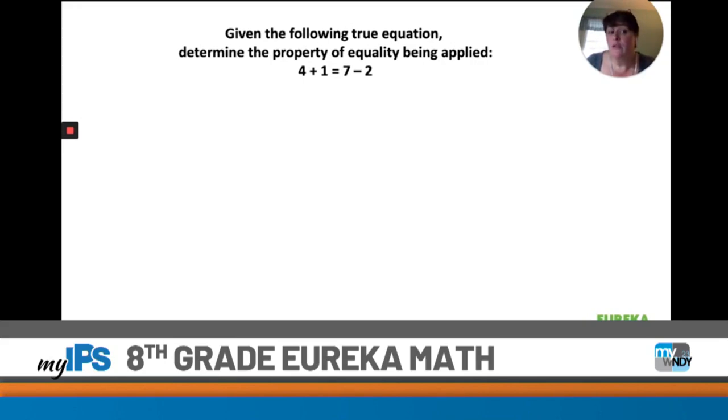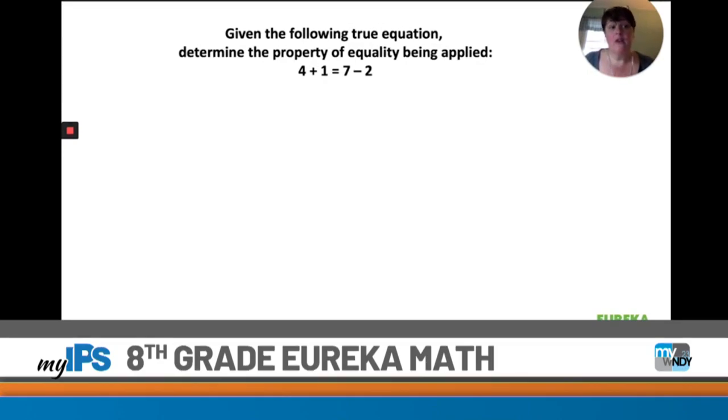Remember yesterday we talked about that both sides of the equal sign had to be the same, or that we needed equivalent expressions? Well, what's 4 plus 1? Is it 5? What about 7 minus 2? Wow, that's also 5. So that means this is a true equation.